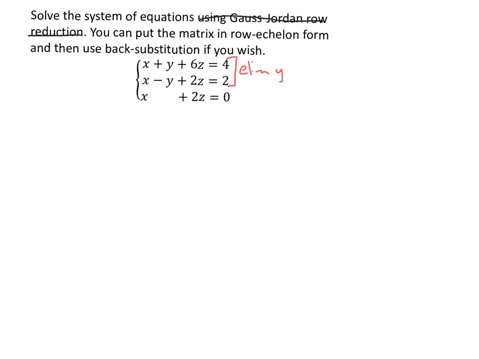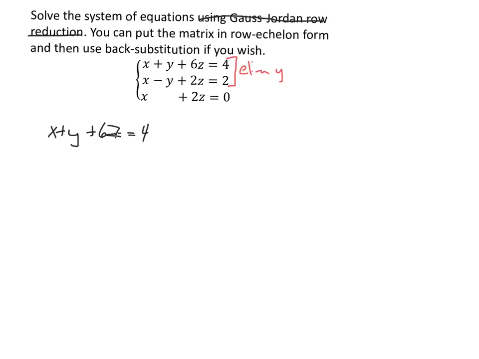So let's do that. Since y already has the same number in front, 1, because mathematicians are too lazy to write it, and they have opposite signs, all we have to do is take x plus y plus 6z equals 4.